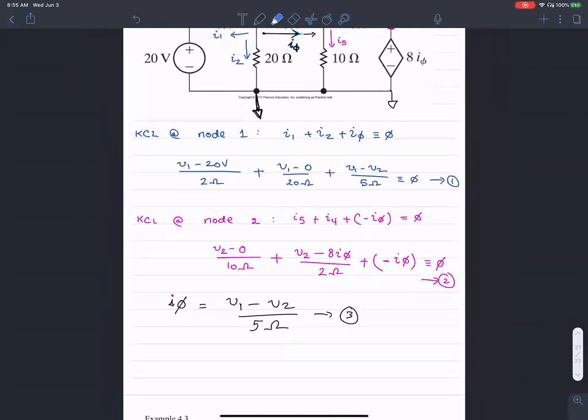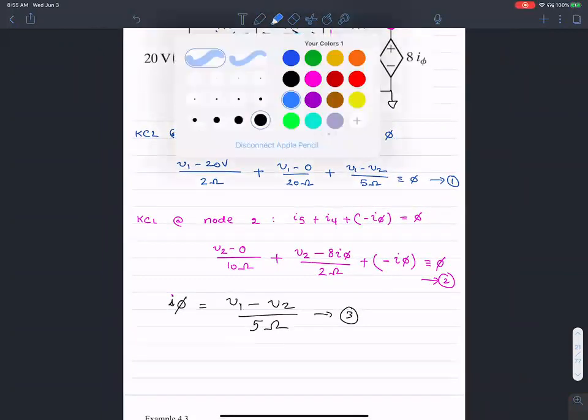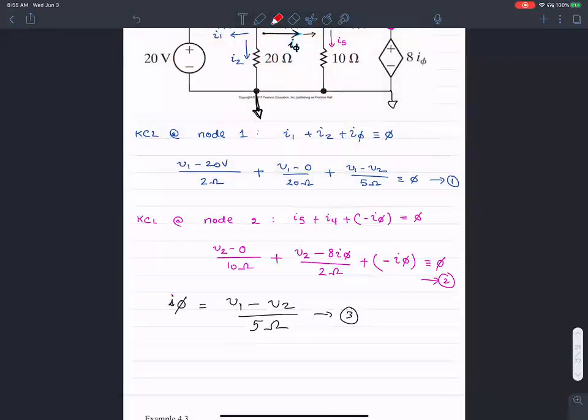As you can see, how many unknowns do I have here? There is V1 and there is V2. Okay, these are the unknowns. And then I5, even though it appears to be an unknown, it really is not, because that can be expressed in terms of V1 and V2. It's not an independent unknown.